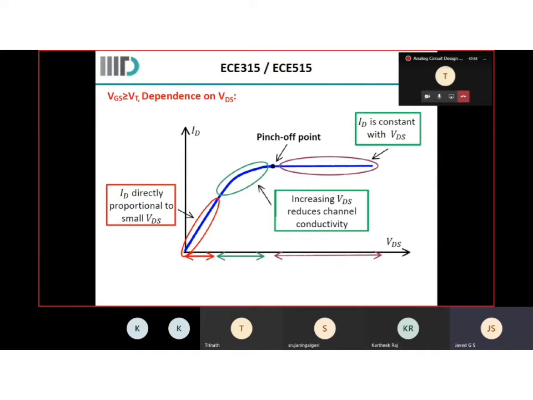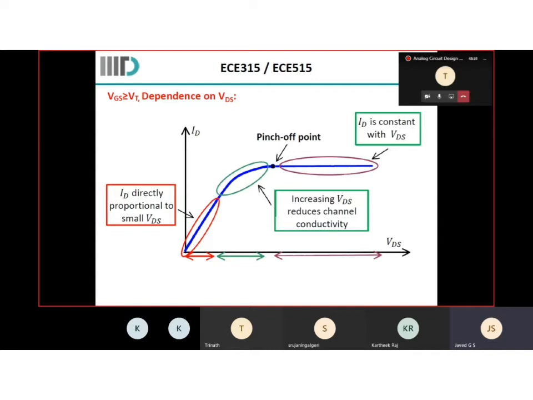Now there is another region where your ID is directly proportional to small VDS. Small values of VDS will act like a resistor, which is typically called your linear range of operation. But there is one region before the pinch off where increasing the VDS actually reduces the channel conductivity, meaning it increases the resistance. So it will start flattening out at one point.